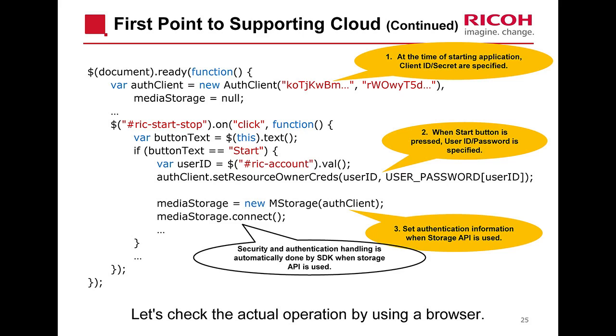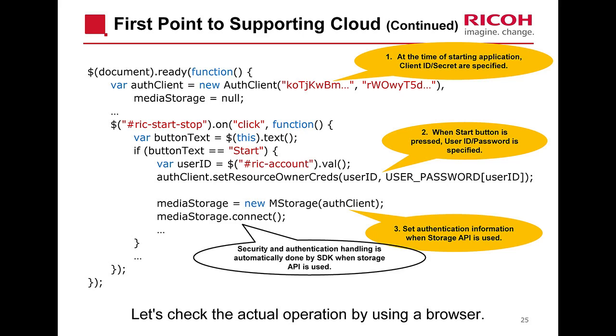This program requires that a client ID and a client secret, which need to be obtained to participate in the contest, are entered in this code part shown on the screen. As for this application, this authClient object is immutable, so we just need to create this information at the application startup.